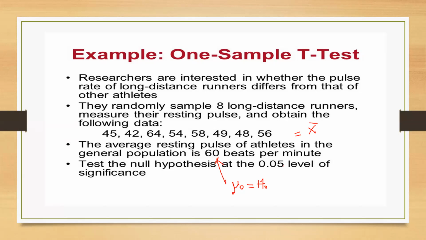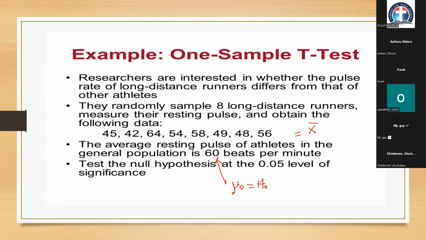It's as simple as that. Your T value that you go and check in the table is your T-tab, T-tabulated. That tab means tabulated. The T cal is the calculated T. Is that clear? Yes, sir.